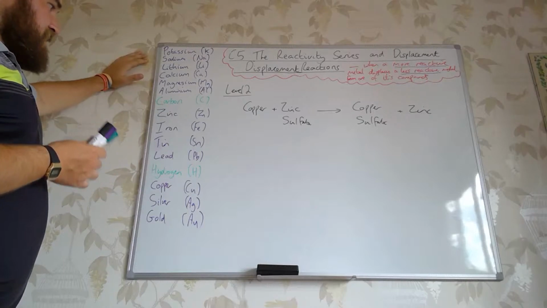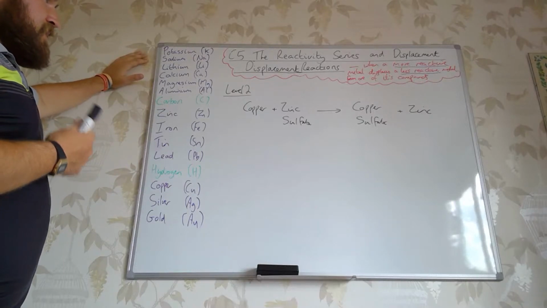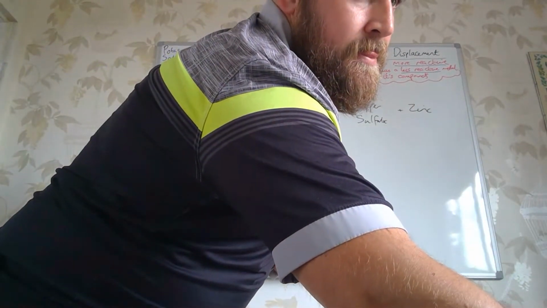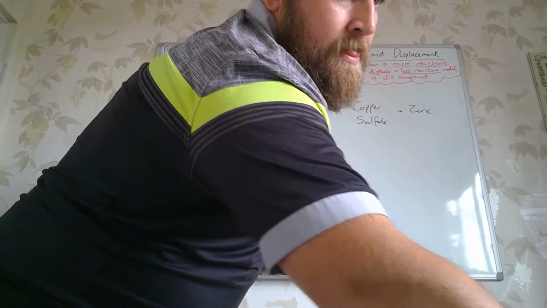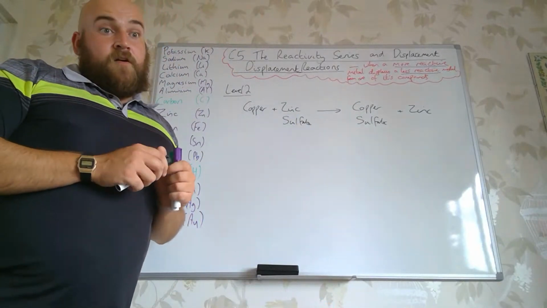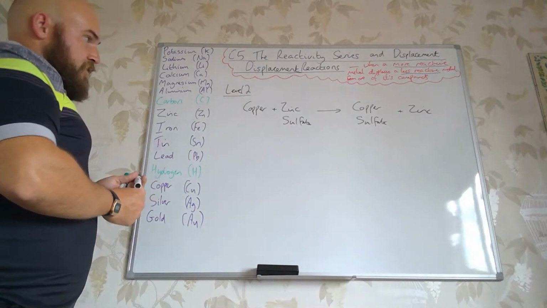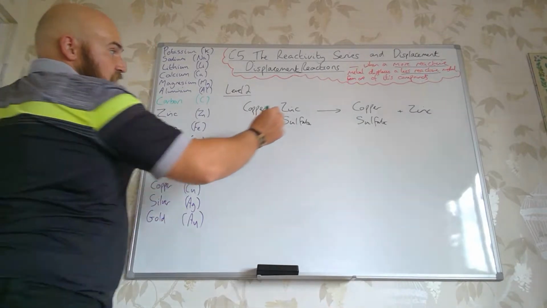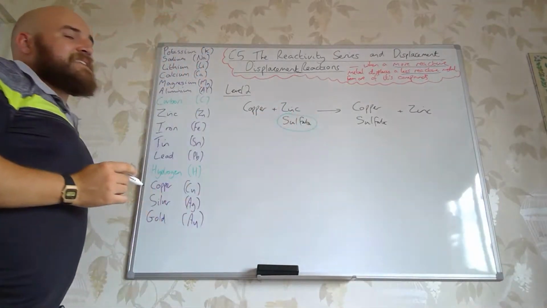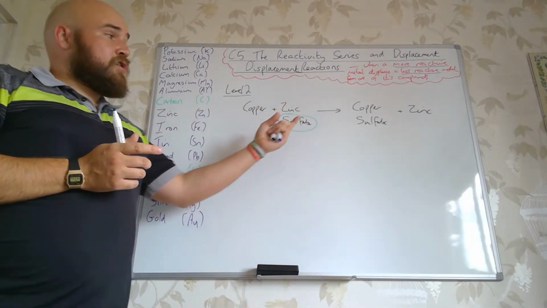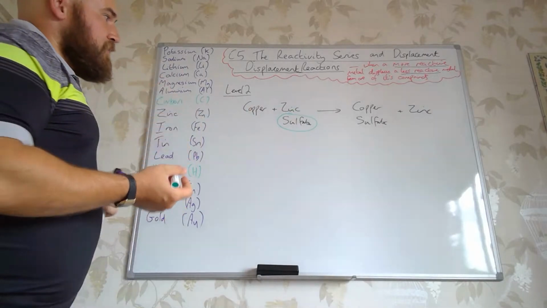So will that reaction happen, yes or no? So what do we think? Type in some answers. Already got a great answer there: it would stay the same surely because zinc is more reactive. Correct. Basically, the sulfate ion has a decision to make. The sulfate ion could stay with zinc or go off with copper. And you've got to look at the reactivity series here.